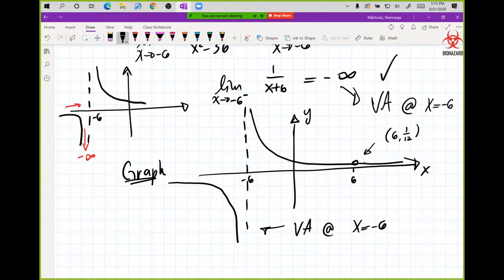So anytime when you do the limit, if it comes out to be a number, a value, you have your open point. And if it comes out to be infinity on any of the 3 accounts there, you have the vertical asymptote.